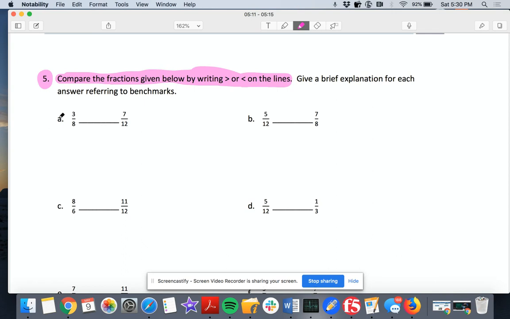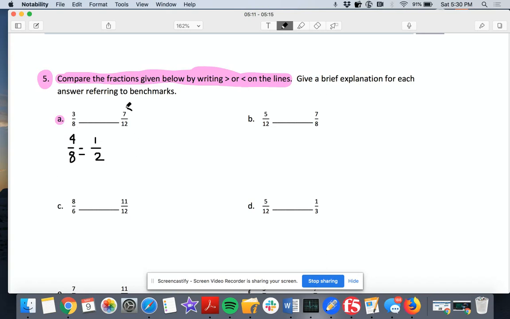Okay, let's do A. So I have 3/8 and I have 7/12. Well, I know that 4/8, that's easy, 4/8 is 1/2, because 4 is just half of 8.